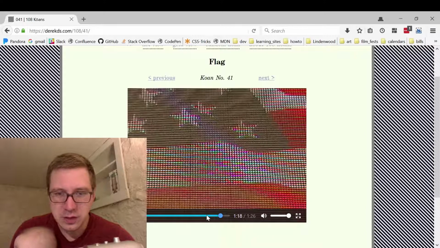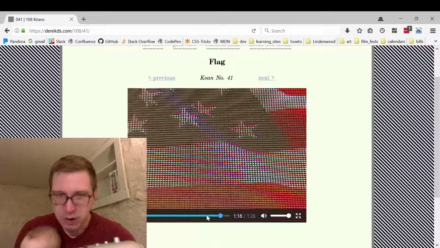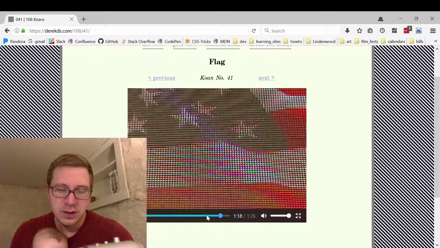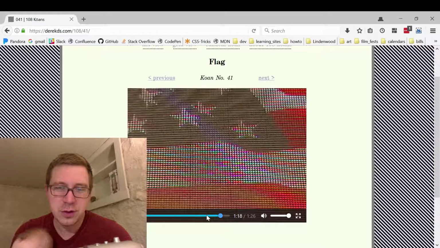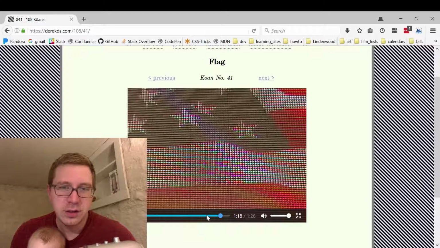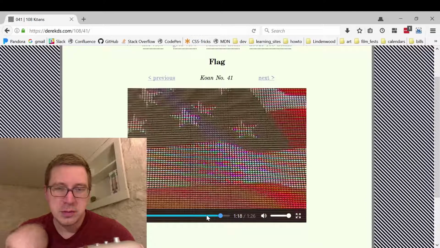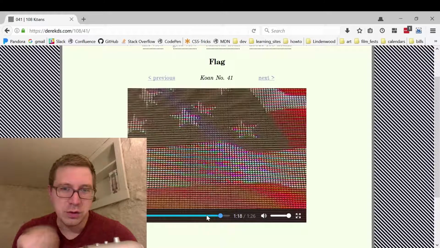So that's just kind of a reference there, and as a metaphor, I like the idea of inspecting things more closely than you normally would, and seeing what's really behind what you're looking at.